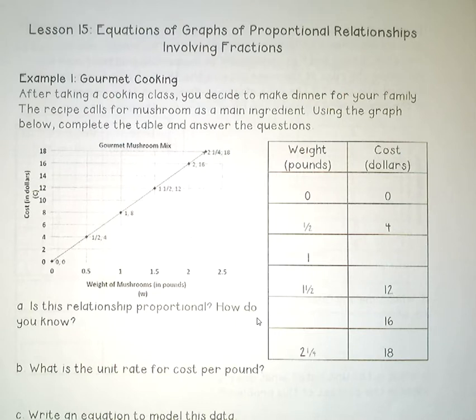We are working on lesson 15, equations of graphs of proportional relationships involving fractions. This is grade 7, module 1. So we are putting together everything that we've learned about proportional relationships, unit rates, the constant of proportionality, and the equations that we worked on, and putting it together with the graph that we already know how to do.